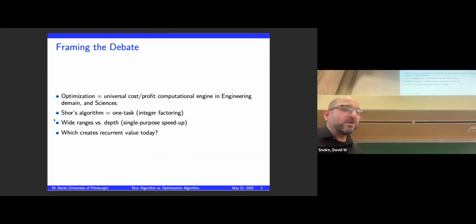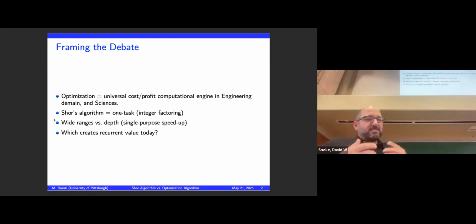We have seen many applications of optimization, including the minimization of a cost function or a profit function subject to a set of constraints in different domains. Every day we have to solve specific optimization problems in real life. The Shor algorithm, as I'm sure you know better than me, is one task: the integer factoring problem.